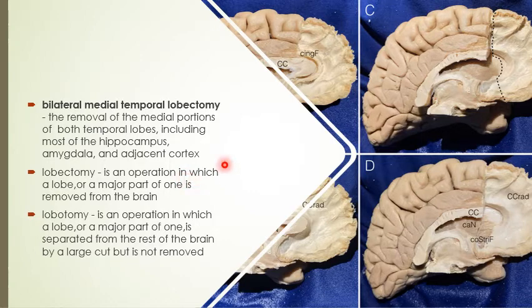Since HM's case involved a lobectomy, the medial portions of both temporal lobes were removed. Again, the areas involved are most of the hippocampus, which, as you have learned, has a significant function in terms of memory, the amygdala, for emotions, and adjacent cortexes, which we'll be discussing later.